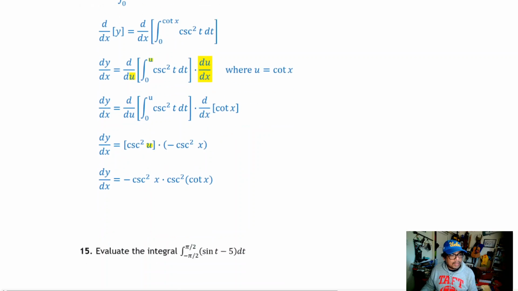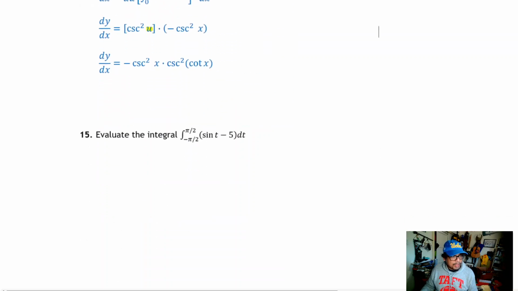Okay, let's move on. Let's take a look at question 15 over here, where we evaluate the integral of sine t minus 5. This one shouldn't be that big of a problem. Let's just write it out.